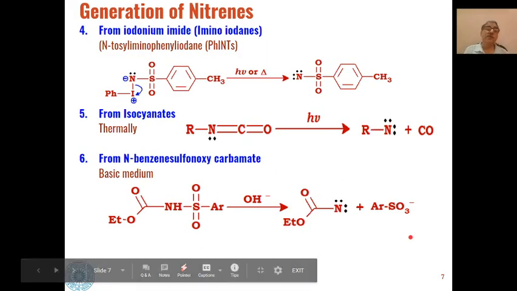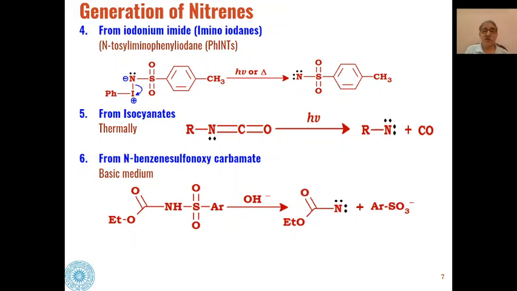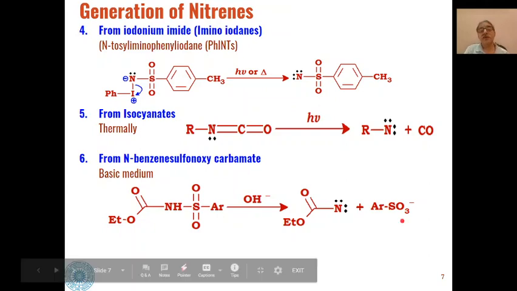Then the fourth method is from iodinium amides, which are also known as amino iodines. These are very important intermediates which are used for the synthesis of nitrenes.